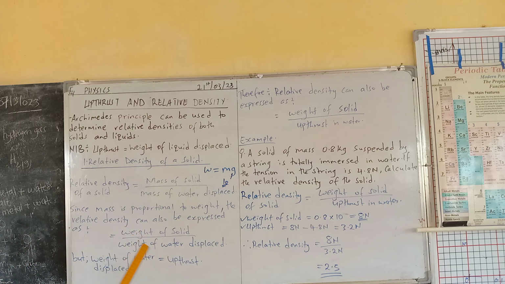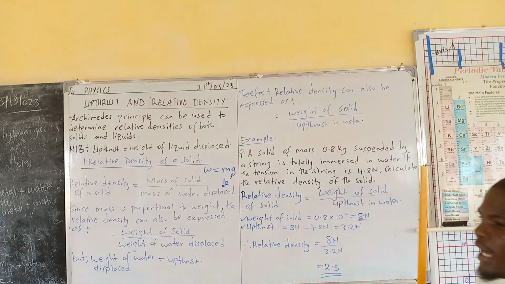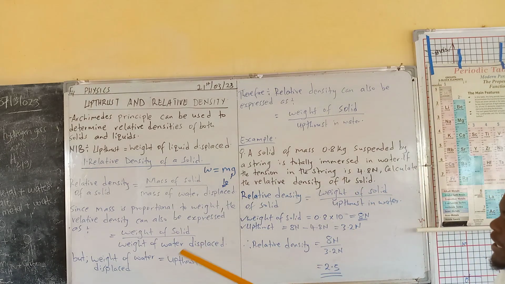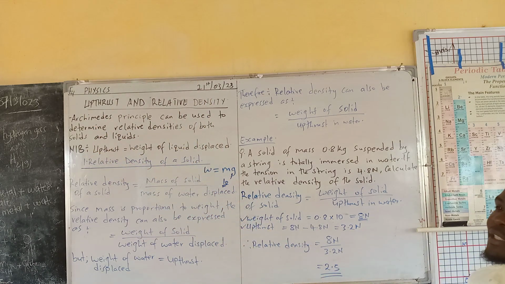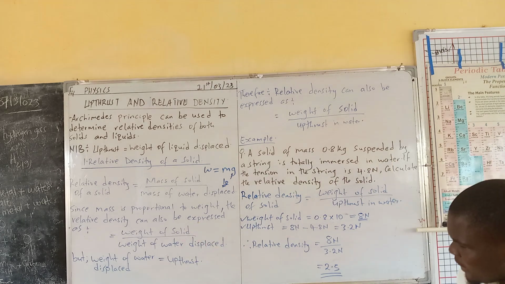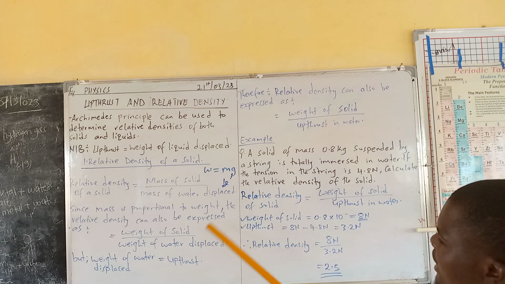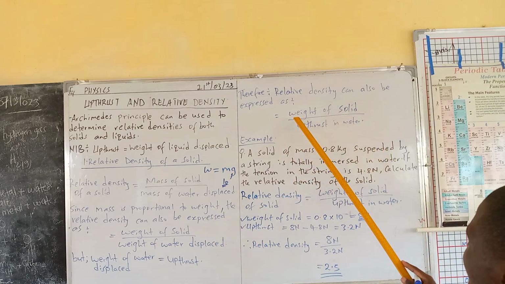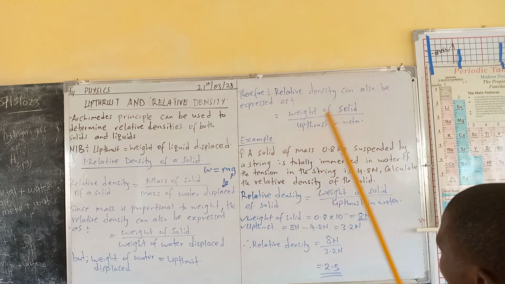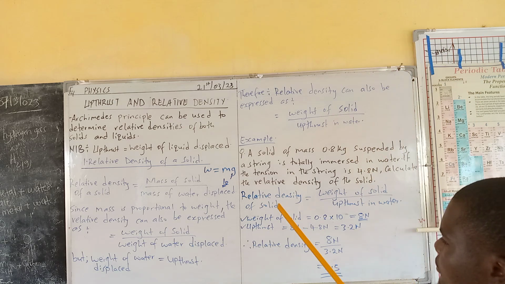But initially we mentioned that the weight of water displaced, as stated in Archimedes' principle, is equivalent to upthrust. So this formula can also be expressed this way: relative density is the weight of the solid divided by upthrust in water.